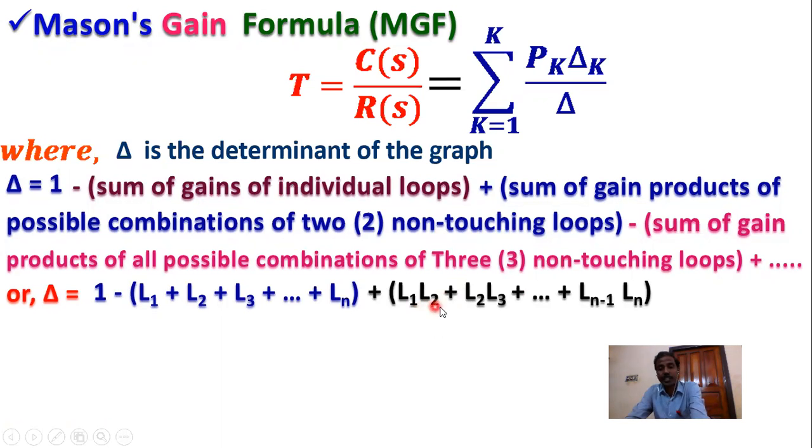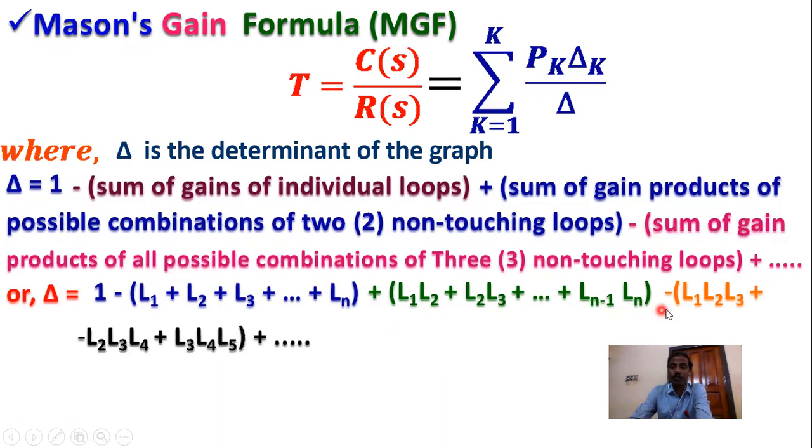Suppose L1, L2 non-touching, L2, L3 non-touching, up to Ln minus 1, Ln non-touching. Then minus the sum of gain products of all possible combinations of three non-touching loops. Suppose L1, L2 and L3 are non-touching, L2, L3, L4 non-touching, L3, L4, L5 also non-touching. Similarly, the next term with four loops, and so on. This is the delta.